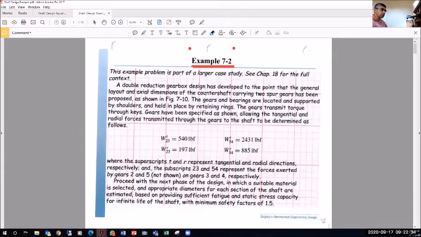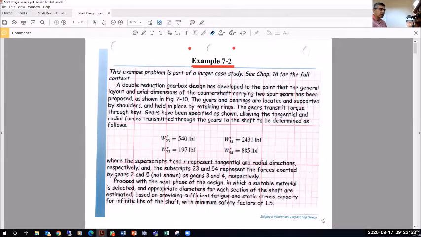So in this specific problem, we are taking the role of not designing the gears or the system, but rather designing the shafts. So it tells us already that the gears transmit the torque through keys. So we know that keys are being used, and the gears have been specified.